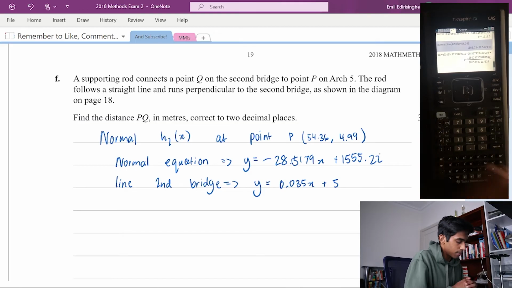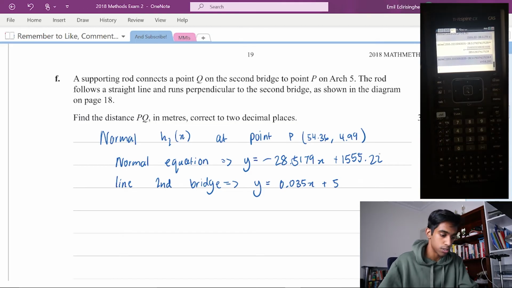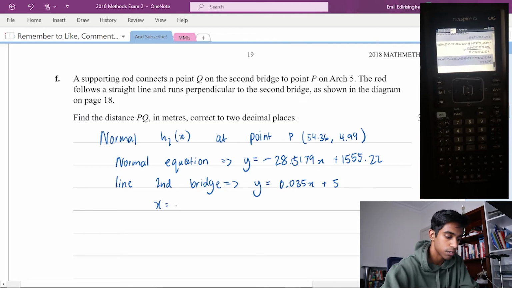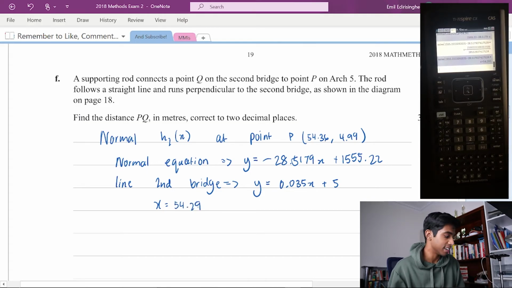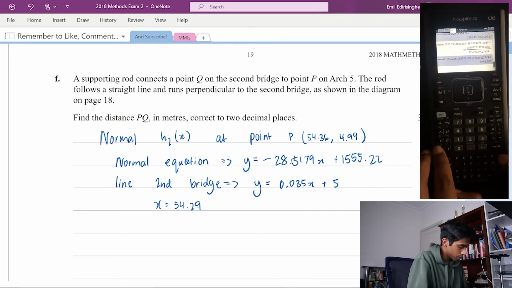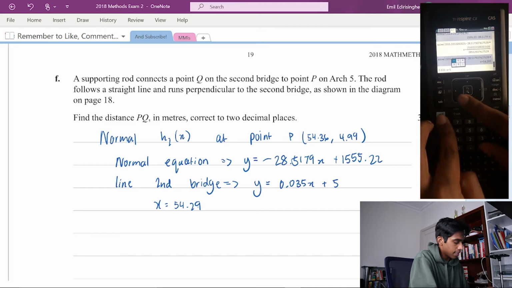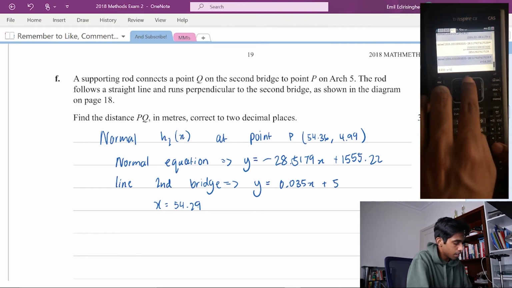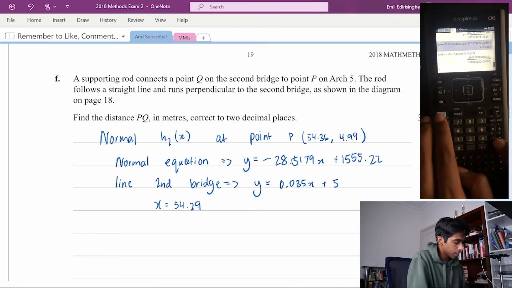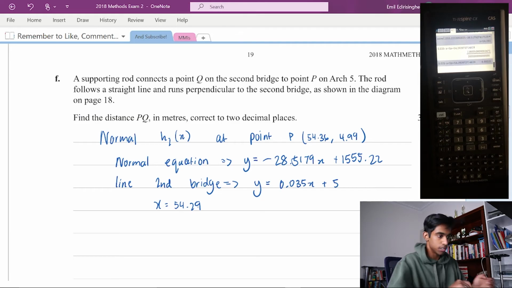That gives us the point of intersection 54.29, so x is equal to 54.29, and now we have to try and find the y point here. So we'll go 0.035 times x plus 5, given that x is equal to that. That gives us y is equal to 6.9.